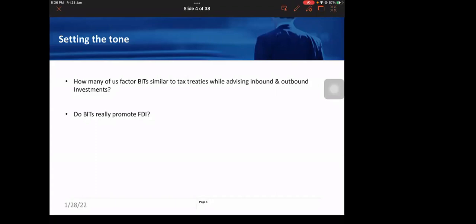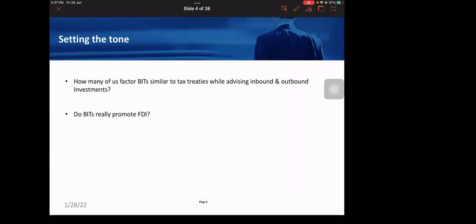But this raises a follow-up question: why are countries then entering into them? Does it really promote foreign direct investment? Does it have significance? There are divergent views on signing a bilateral treaty. Will it promote investments? Will it be a nudge factor?